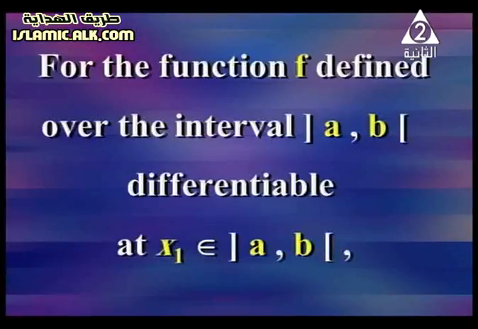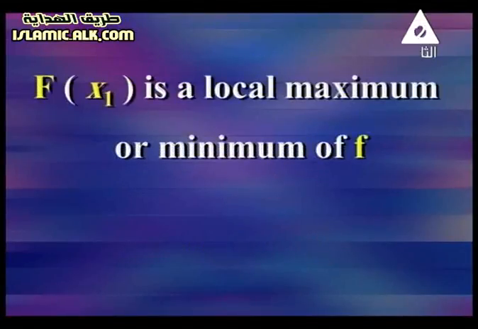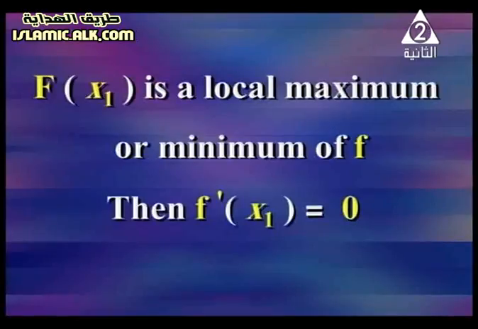For the function f defined over the open interval a, b, differentiable at x1 belonging to the open interval a and b, if f of x1 is a local maximum or minimum of f, then f dash of x1 equals 0.